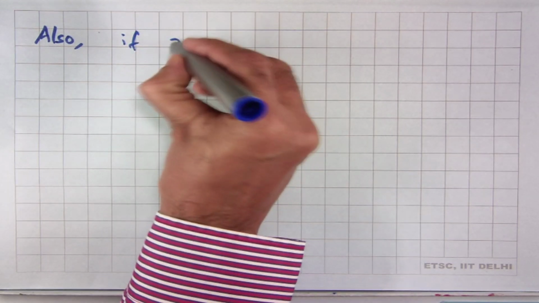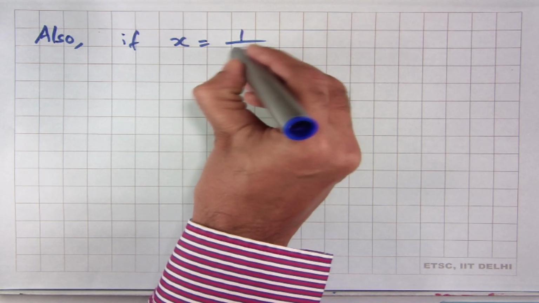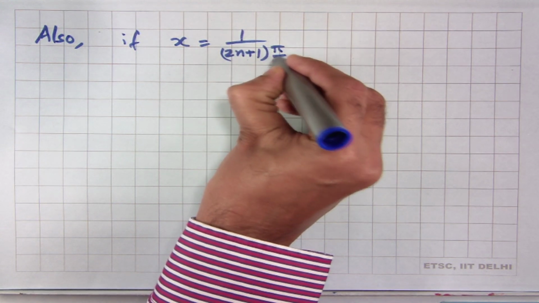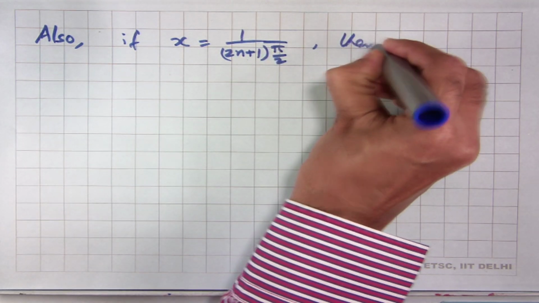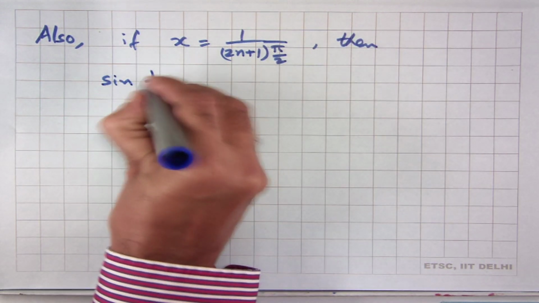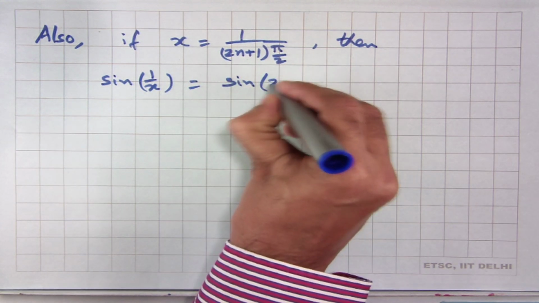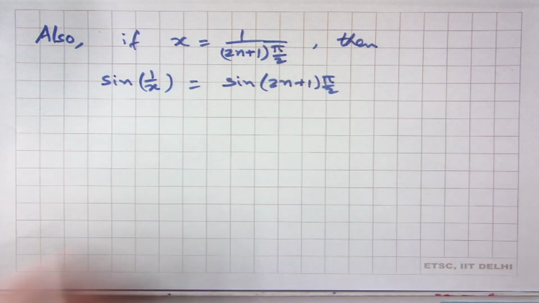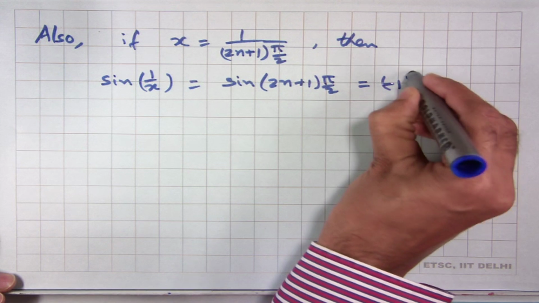Also, if x is equal to 1 by (2n plus 1) pi by 2, then sine of 1 by x is equal to sine of (2n plus 1) pi by 2, which is equal to minus 1 to the power n.